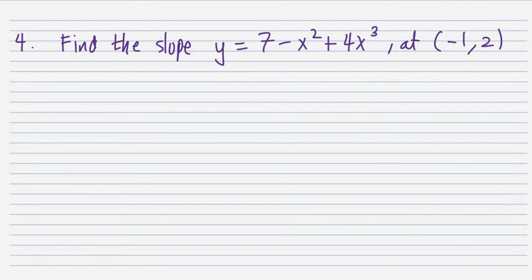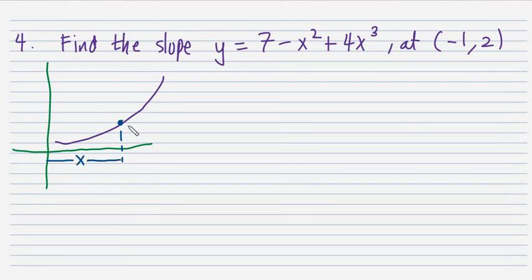I have already discussed in our definition of the derivative that if you have a curve and you want to find the slope at a specific point, so let's say at this point, wherein you have an x value, the slope at that particular point is simply the slope of the tangent line.